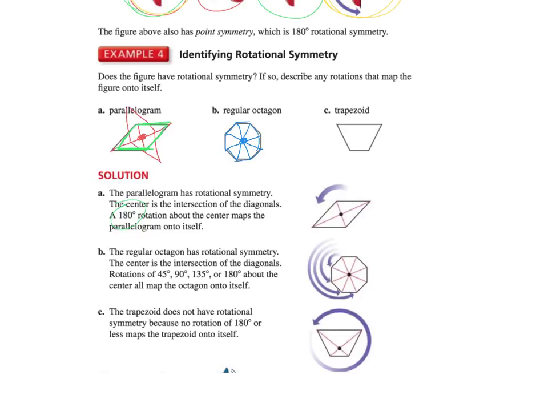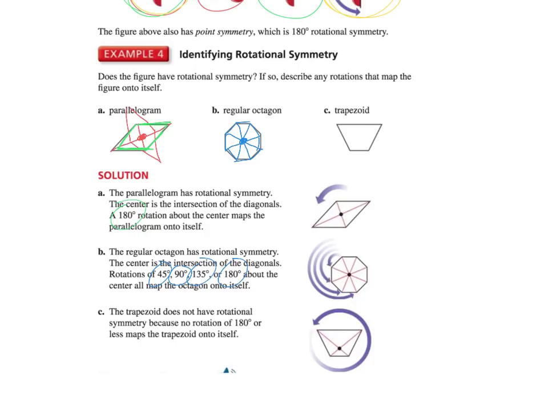If we rotate it 45 degrees, it overlaps with itself. So every time we rotate it another 45 degrees, it's going to overlap with itself. So 90 degrees, 135 degrees, and 180 degrees, and it will always overlap with itself.